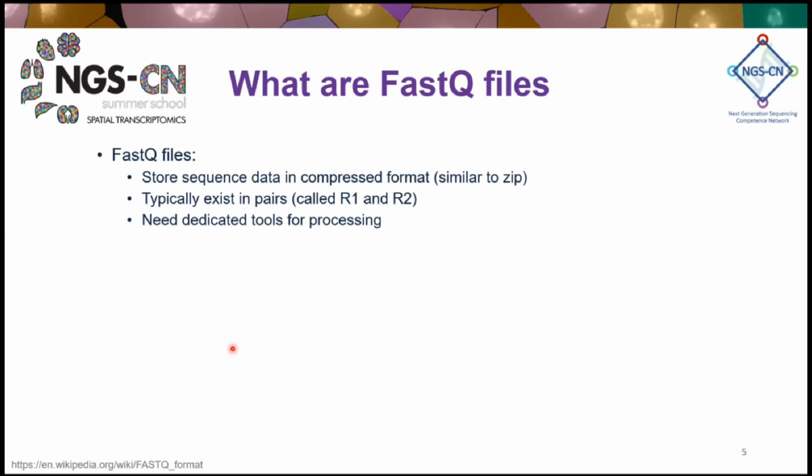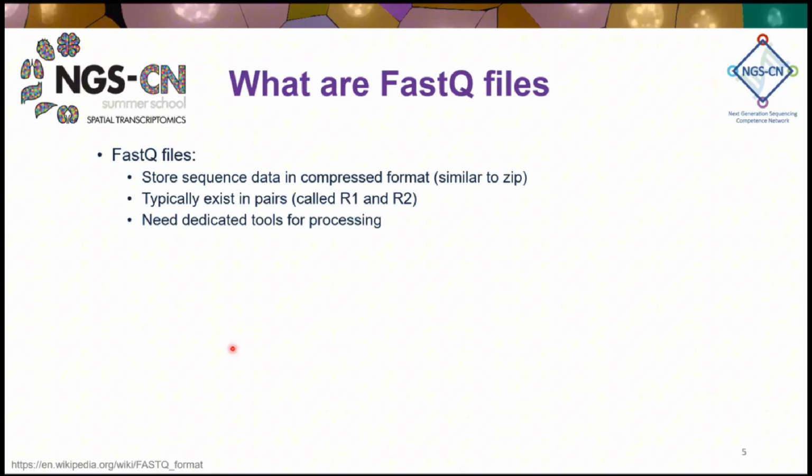There's also, years ago, let's say 10 years ago, most of the sequencing was done as single-end sequencing, and then you will only have one read, R1, which is from the left. Yeah. So once you have the files, what can you do with them? These FASTQ files need dedicated tools.